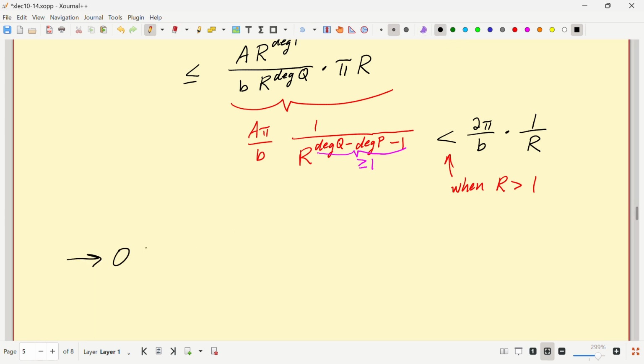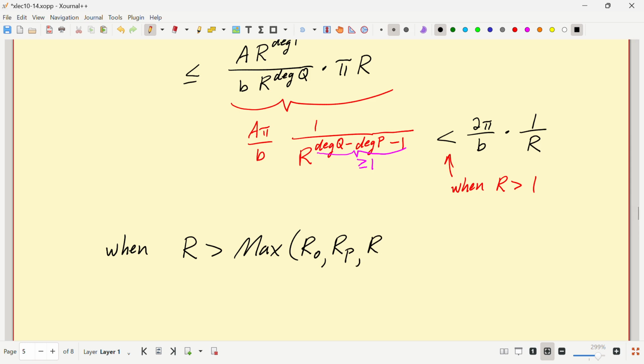Well, let's see, what do I need? I need r to be bigger than the max of r naught, so it contains all the zeros in the upper half plane of q. I need r sub p and r sub q so that the other inequalities hold, and so that very last inequality holds.